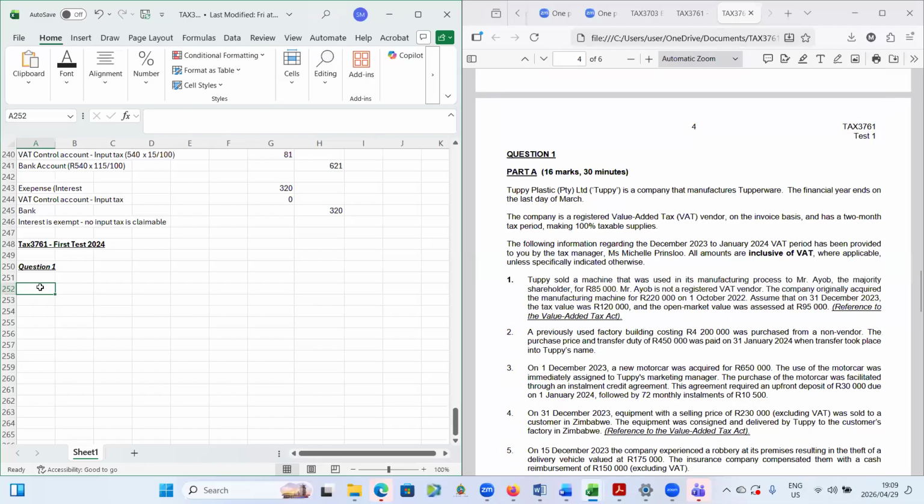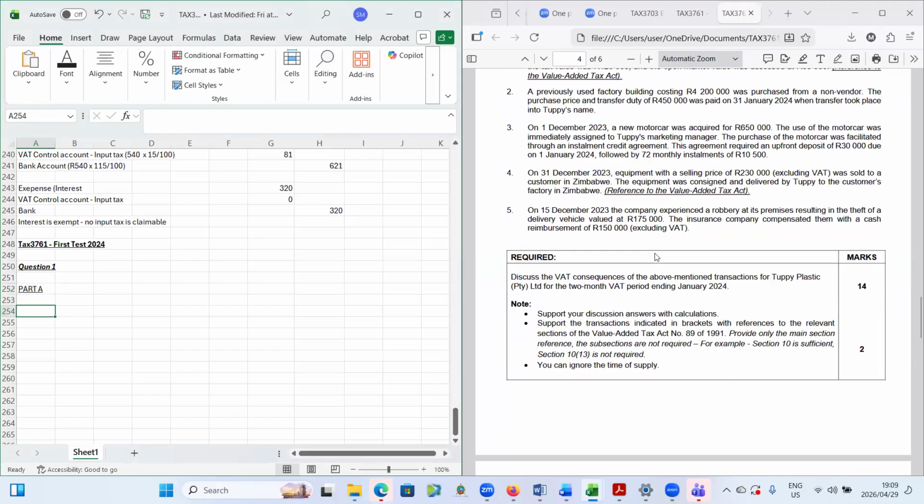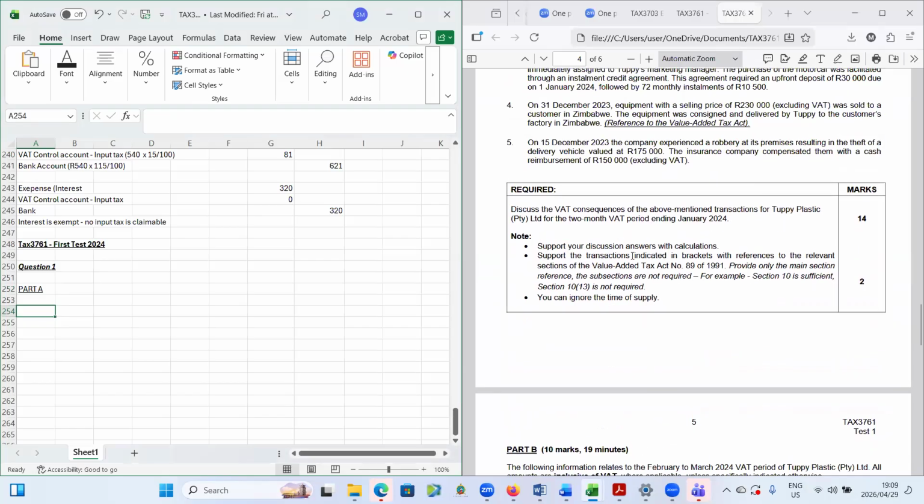Question 1, part A. Not part 4, but part A. Let's read what the question is requiring us to do. Discuss the value-added tax consequences of the above-mentioned transactions for Tupac Plastic Private Limited for the 2-month VAT period ending on January 2024.